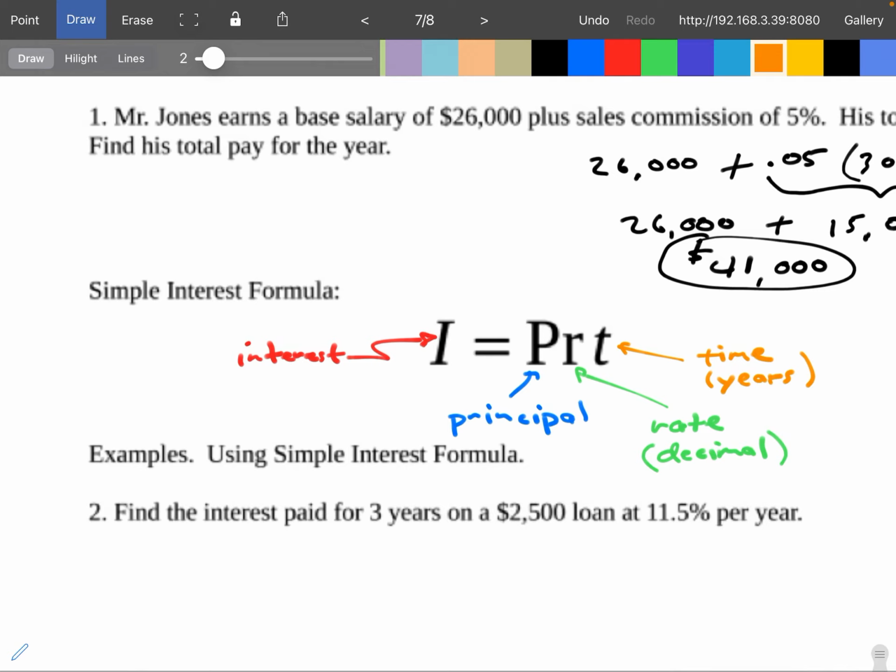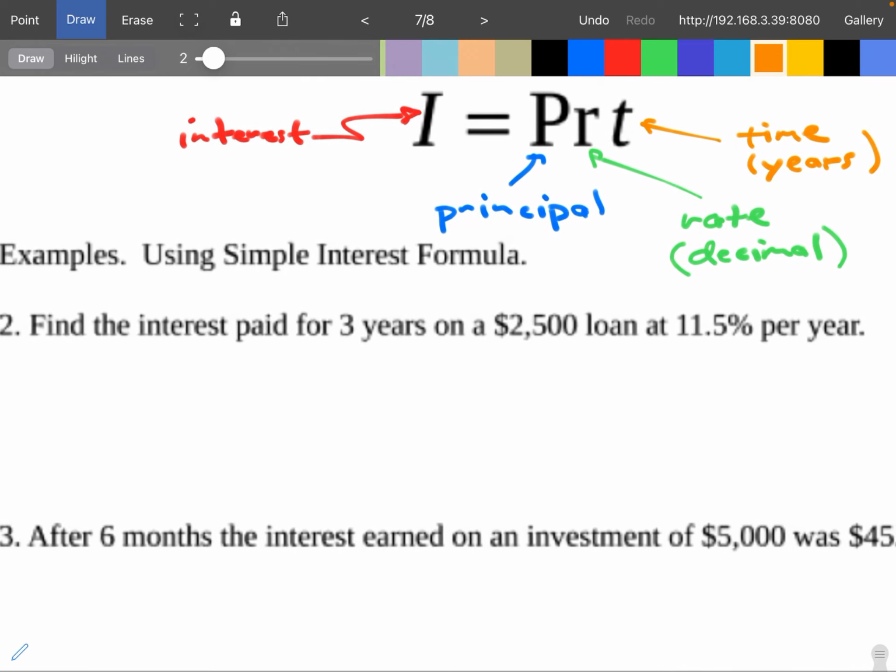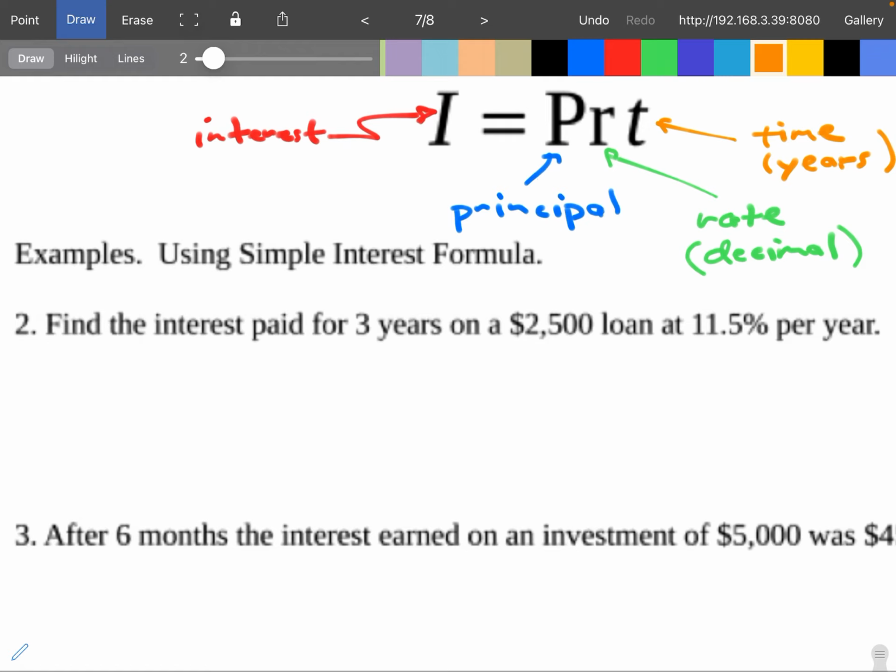So again, the interest is the amount that you pay or earn. The principal is how much you borrowed or how much you invested. The rate is the percentage, but you got to have it as a decimal. And the time, the T, has to be in years.